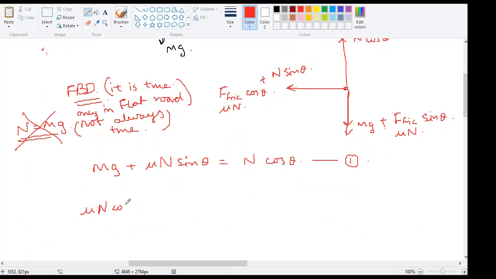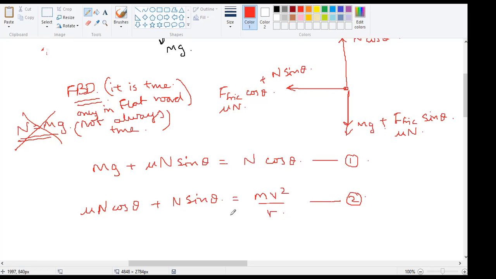Mu N cos theta plus N sin theta is equal to mv squared by r. So that is your second equation. Why? Because this is acting towards the center, and that is what is causing the turn.